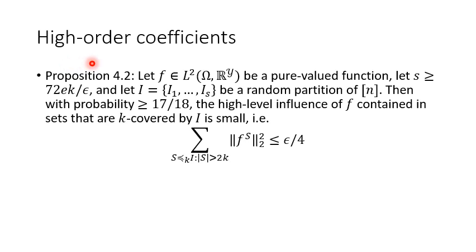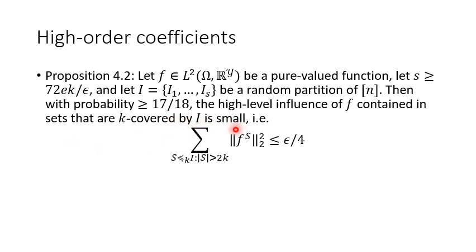We'll begin with the first proposition. It is named high order coefficients. Let f be a real valued function, let s be a big enough number, and let I be a random partition of all the coordinates. Then, with probability at least 17/18 over the random partitions, the high level influence of f contained in sets that are k covered by I, meaning sets that have k parts of I covering all of them, is small.